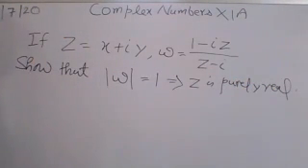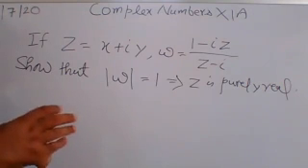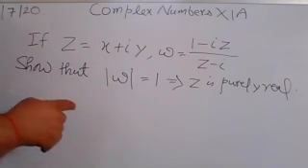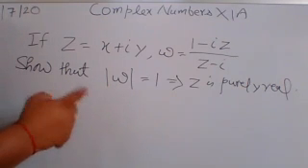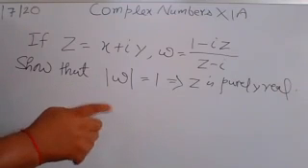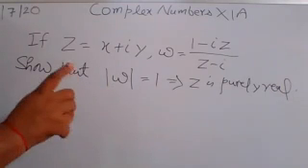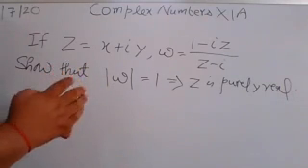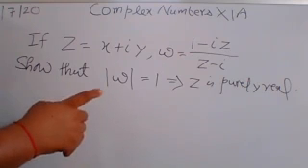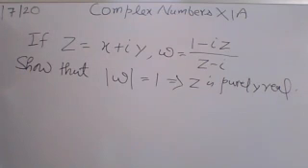Okay, you have to prove this result. What is the meaning of this question? Actually, here you have a condition. If the value of mod of omega is equal to 1, then you have to prove that z is purely real. Here the value of omega is already given, which is (1 minus iz) upon (z minus i), and you can take z is equal to x plus iy.